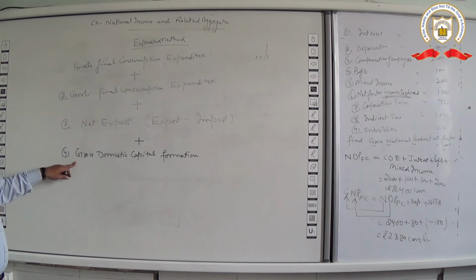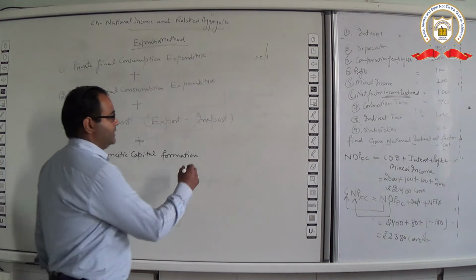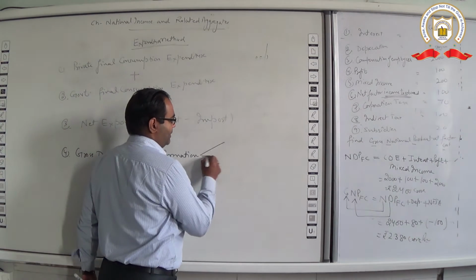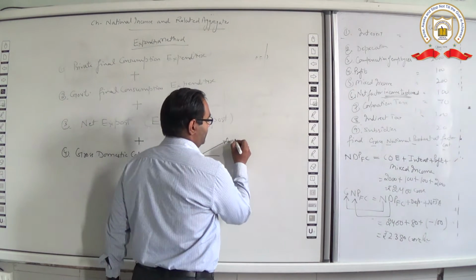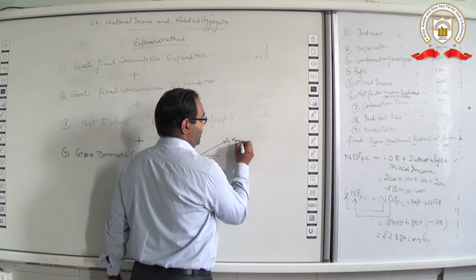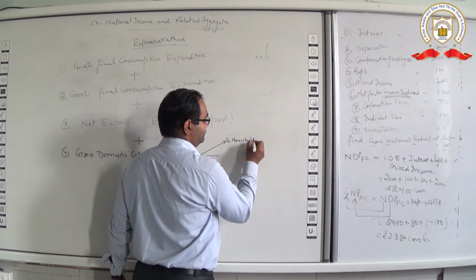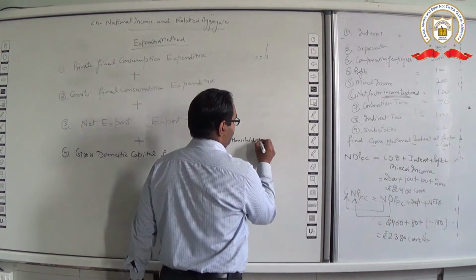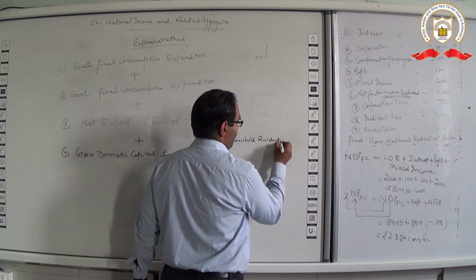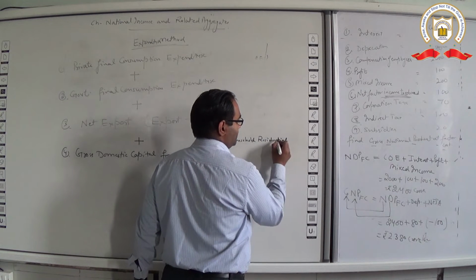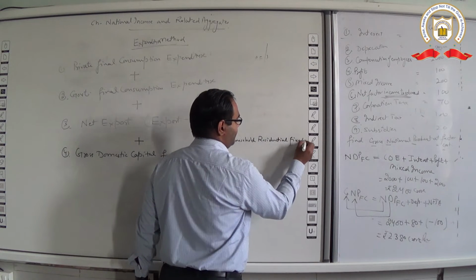Gross domestic capital formation has three major components. First, household residential fixed investment.